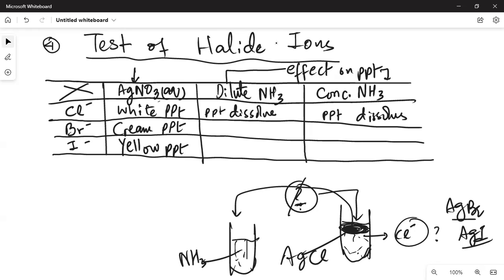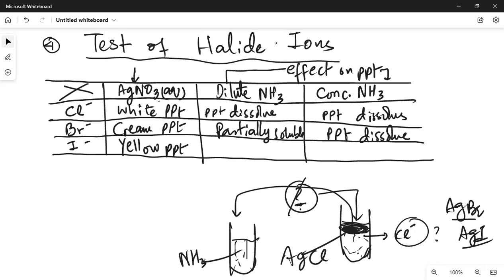With green PPT, dilute ammonia में partially soluble, or sometimes they say insoluble. Like आधा dissolve हो जाती है बाकी नहीं. Concentrated से PPT dissolve. Bromide का.